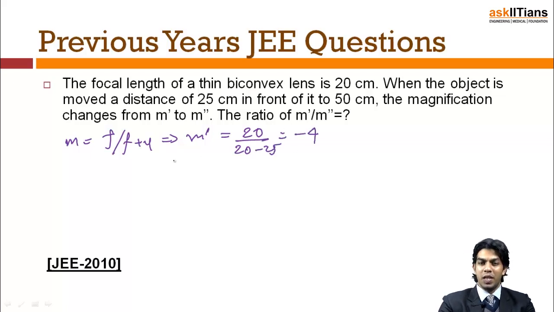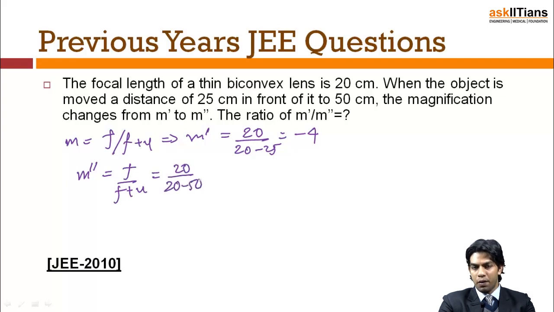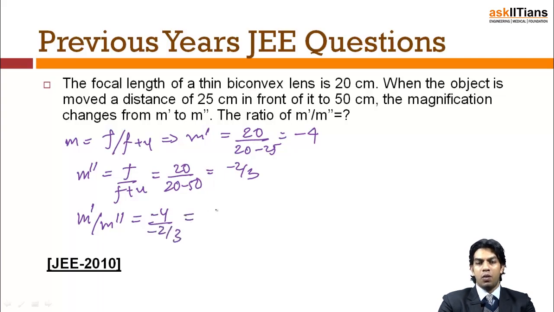M double dash will correspondingly be f divided by f plus u, 20 divided by 20 minus 50, which comes out to be minus 2 by 3. So m dash divided by m double dash is minus 4 divided by minus 2 by 3, which comes out to be 6. So your answer is 6.